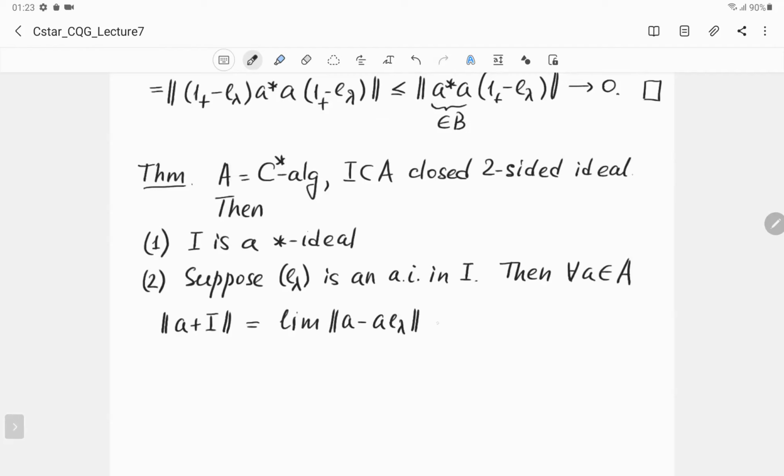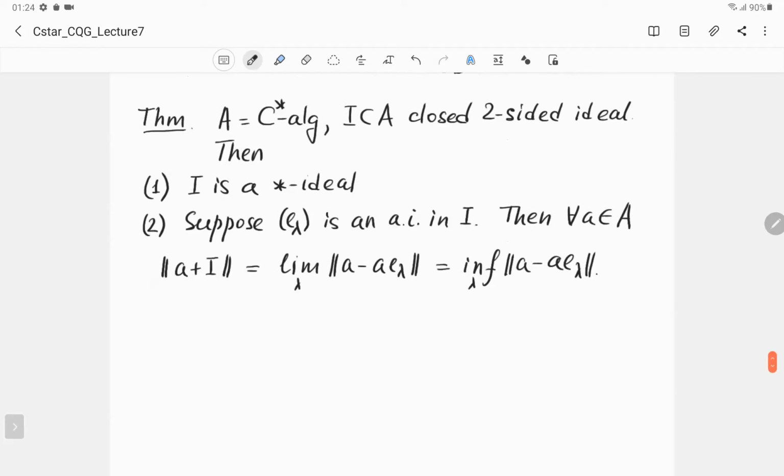Or instead of the limit, we can take the infimum, and the result will be the same. And finally, part 3, I claim that the quotient of A modulo I is a C-star algebra with respect to the quotient norm.